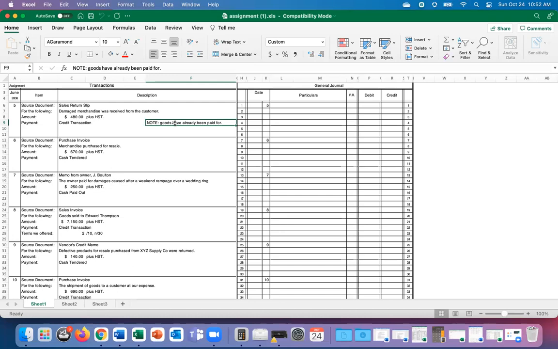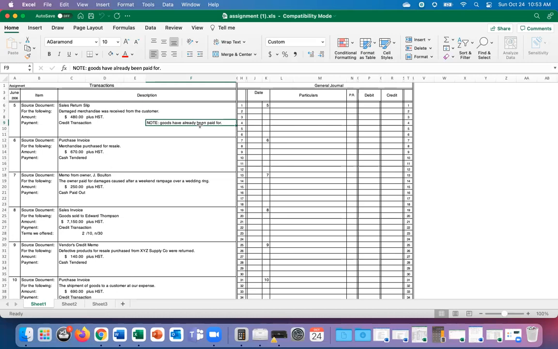So the money that we give back to the customer who's returning these damaged goods or this damaged merchandise will be returned to them in cash or from our bank account. All right, so just because it says credit transaction there doesn't necessarily mean it's coming out of our accounts receivable, because we do have this note about how it's already been paid for. All right, so anyway, since this is a sales transaction, we're going to have a sales return account.